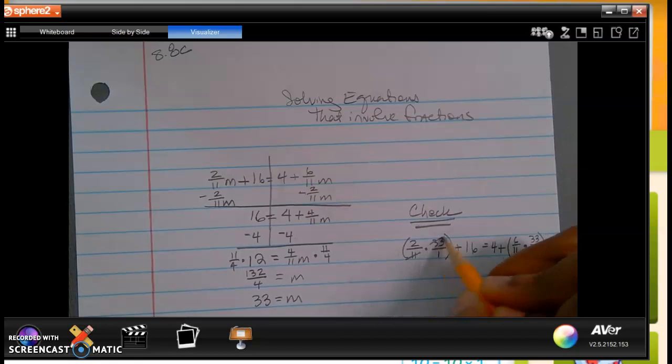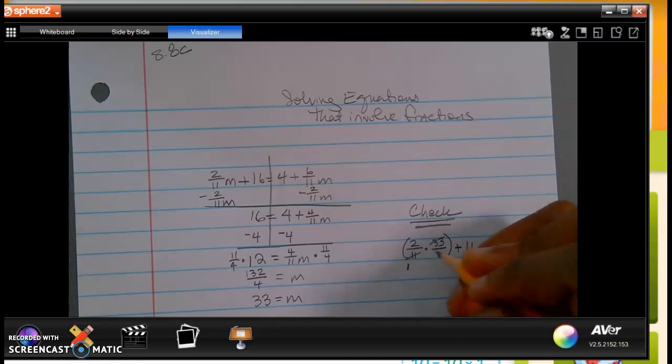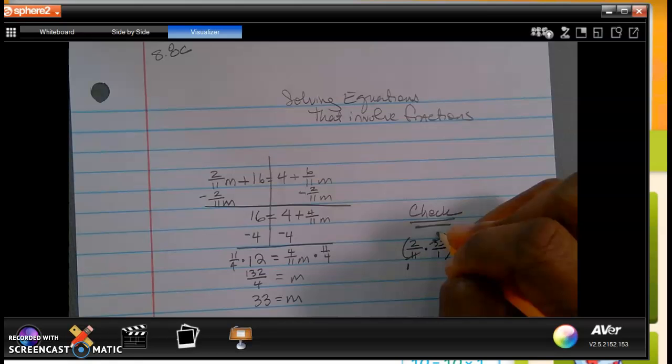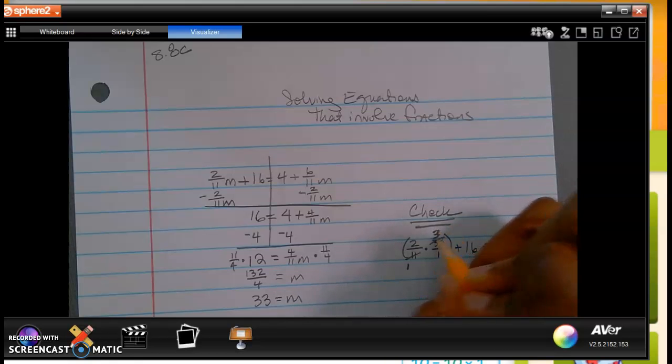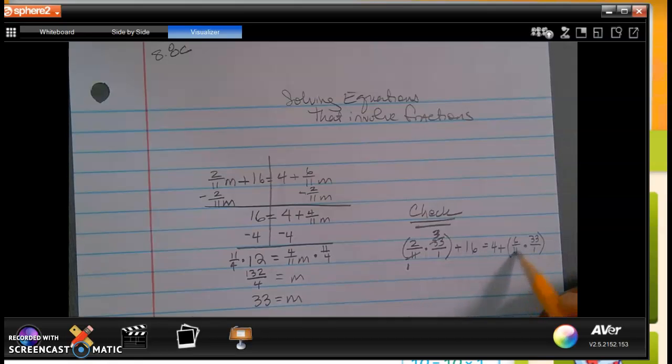I want to go ahead and try to cross simplify if I can. 11 divided by 11 is going to be 1. A common multiple of 33 is 11. Okay, so this becomes 3 actually, sorry. I'm going to do the exact same thing over here.